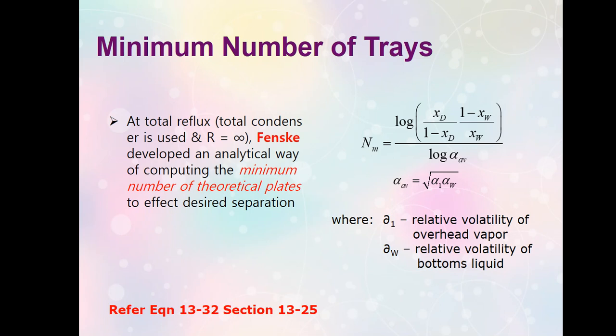So let's say the relative volatility of benzene in the bottoms liquid is equal to the pure vapor pressure of benzene based on the temperature of the bottom liquid divided by the pure vapor pressure of toluene, if it's with toluene in the bottoms liquid as well. So that's how you get the relative volatility. If it's the overhead vapor that you want to get the relative volatility for, the same formula or principle should apply. Get the geometric mean and apply it here, and you will get the minimum number of stages or plates that will be required for the desired separation.